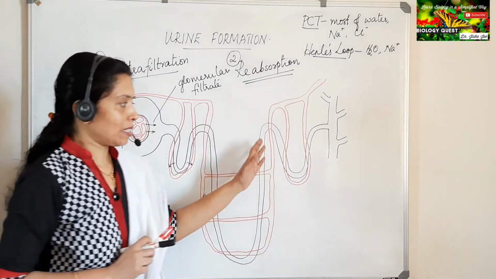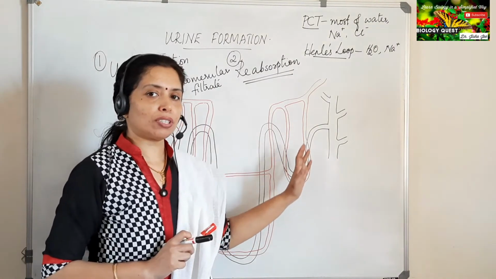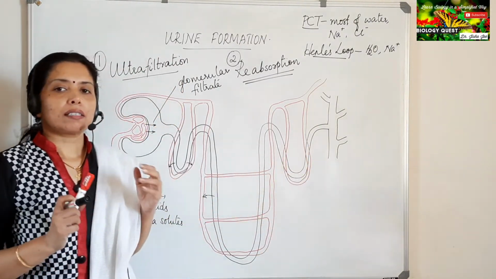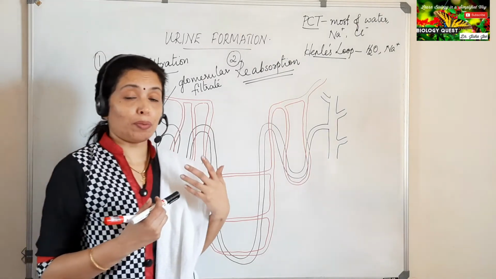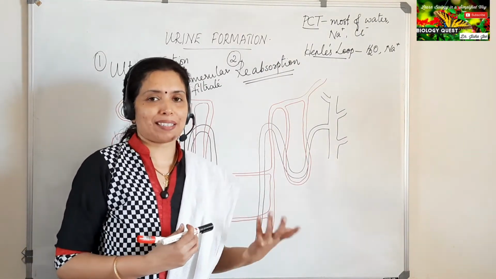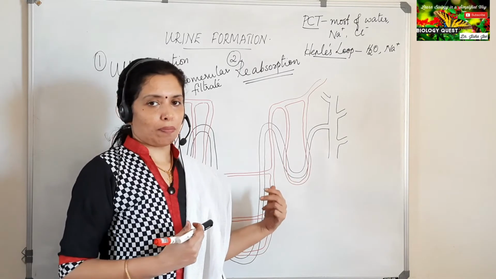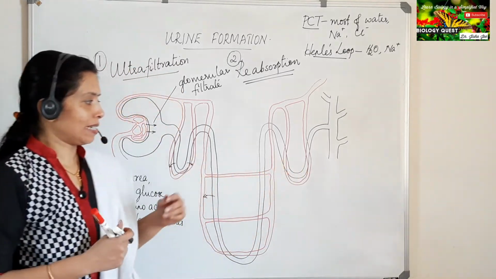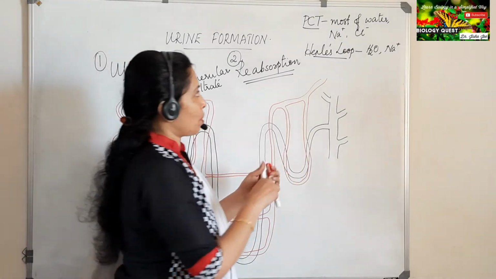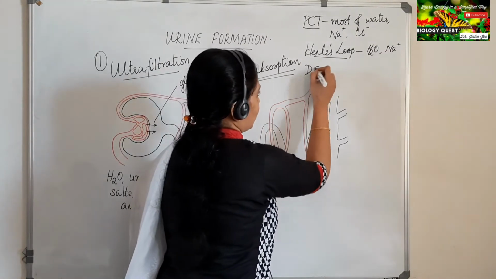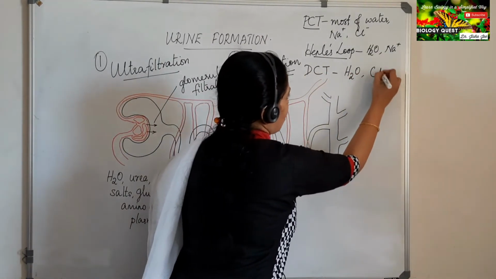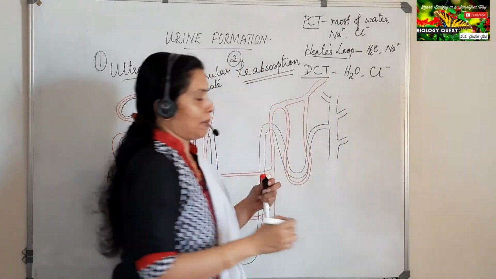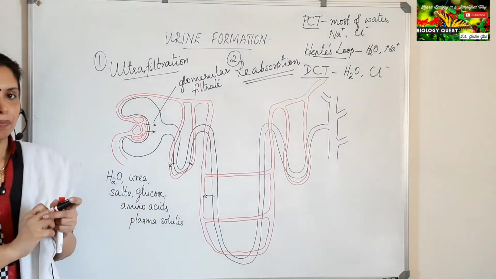Once the filtrate has reached the DCT, a little bit of water might be present. Whatever water is present will be reabsorbed. A little bit, whatever is needed, will be reabsorbed. So again in the DCT, reabsorption of water as well as chloride ions will take place.